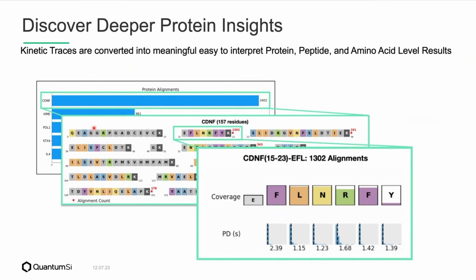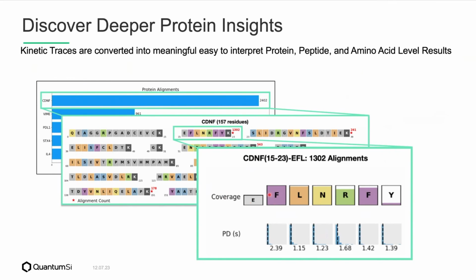And then finally, we get at the highest resolution data, which is that of the peptide level, in which you can see 3 different pieces of information displayed. One is the total number of alignments for that peptide. Then we have these coverage maps, which represent, based on the height of the fill within each one of these boxes, the relative frequency of that specific amino acid being identified within the total number of alignments.